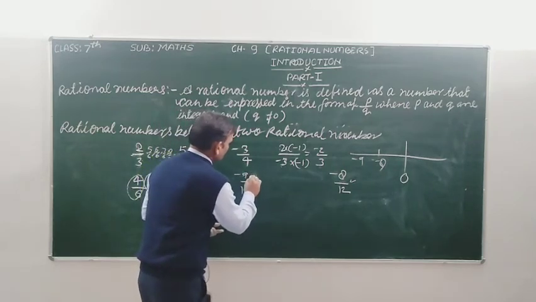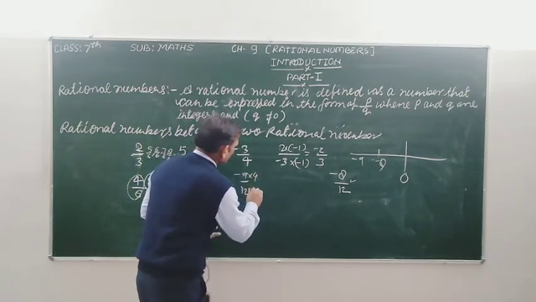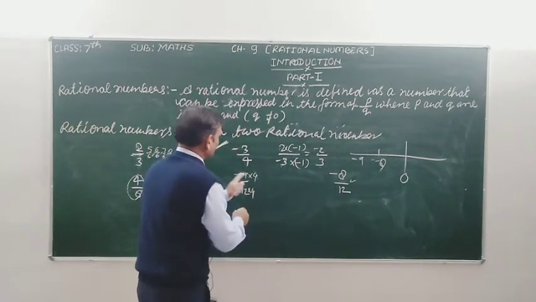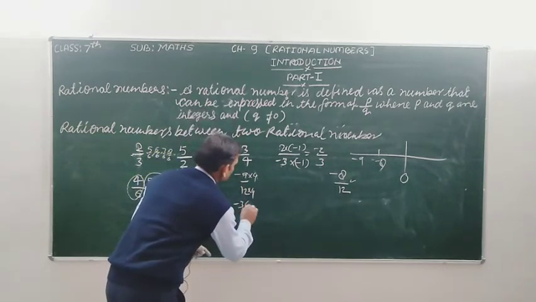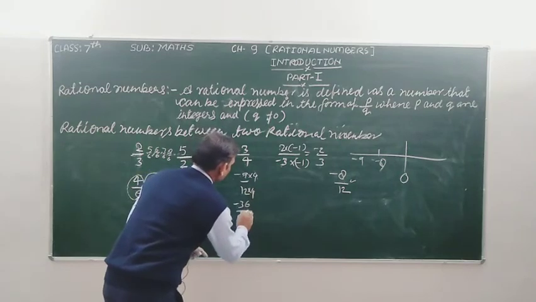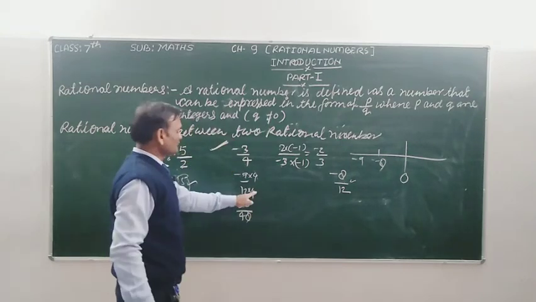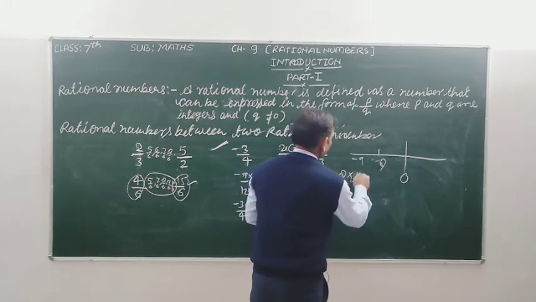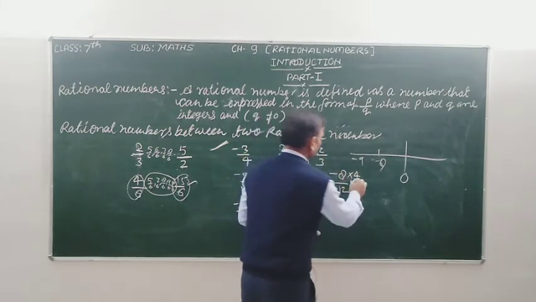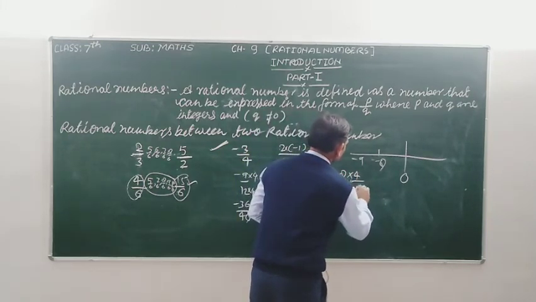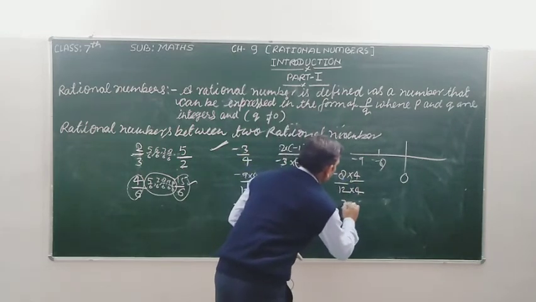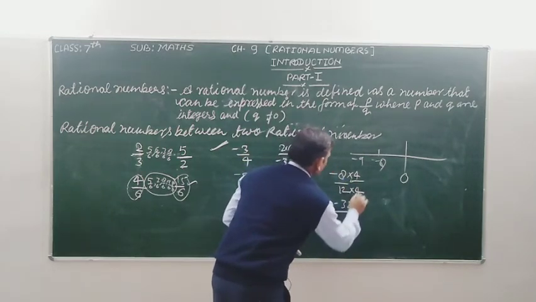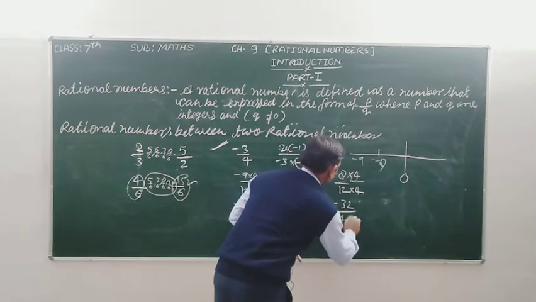So when we multiply by 4, we get 9 4s are 36 upon 12 4s are 48. And 8 4s are 32 and 12 4s are 48.